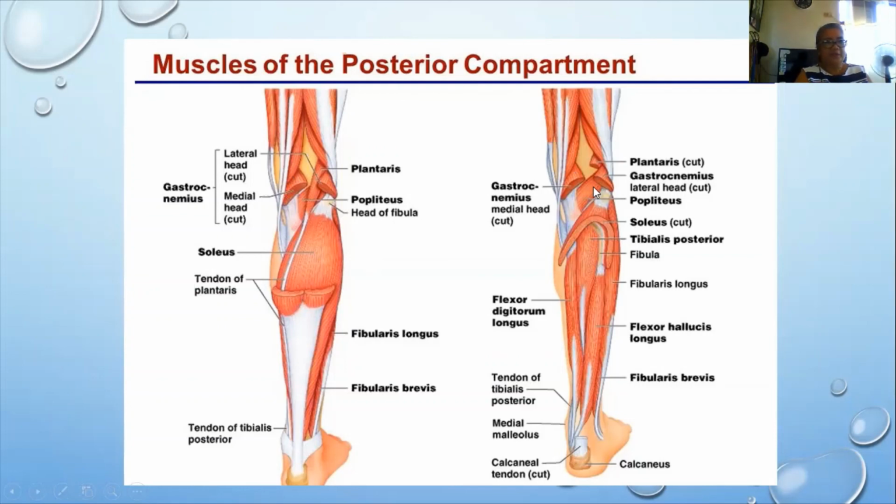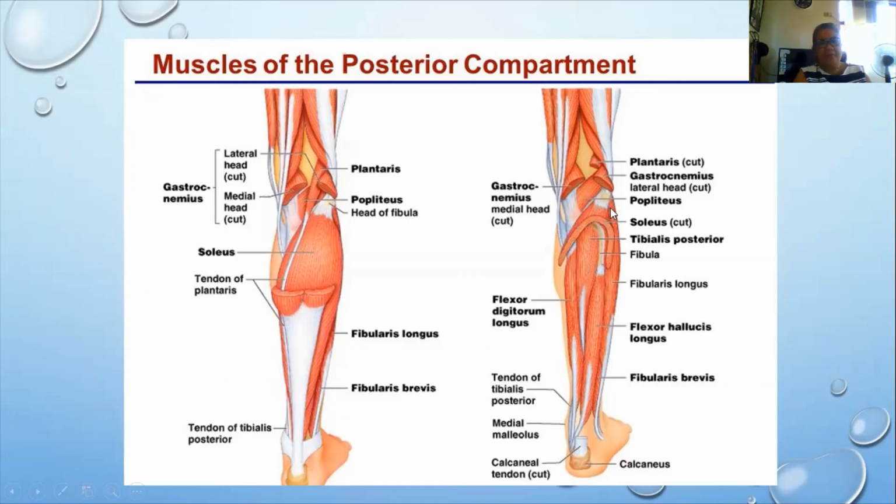Take note that, as I mentioned earlier, this is the only one that differs from the rest of the deep group because of its orientation, in which it runs from your femur to your tibia.